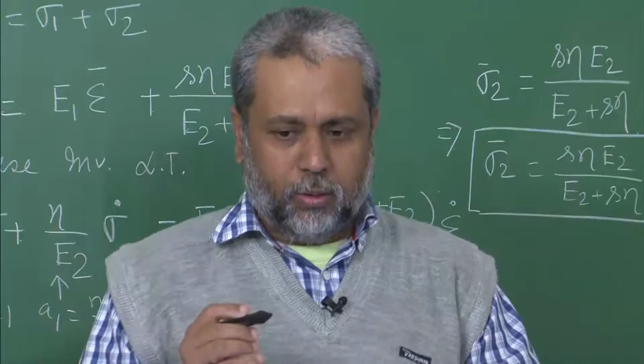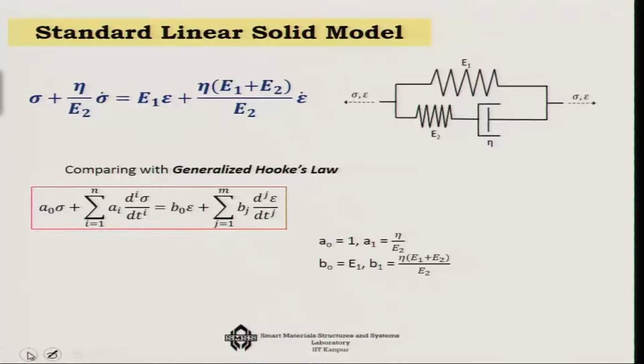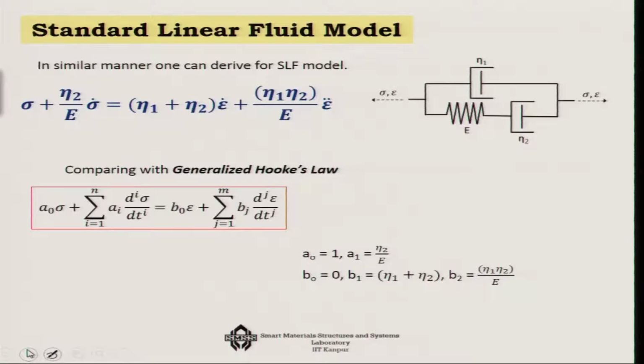So, let us summarize the whole thing now. We will now summarize all our observations in the following slides. This is the standard linear solid model which we have just now derived, and compare it with the Hooke's law. This is one model, and then this is the standard linear fluid model, where you have 2 dampers and 1 spring.